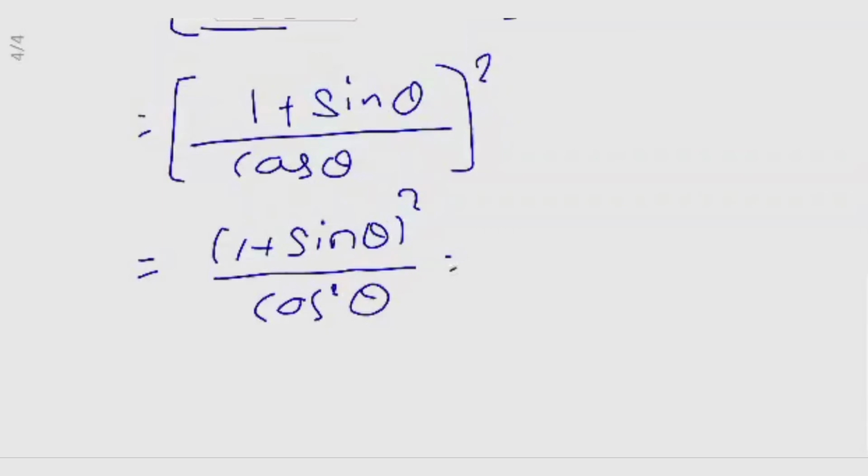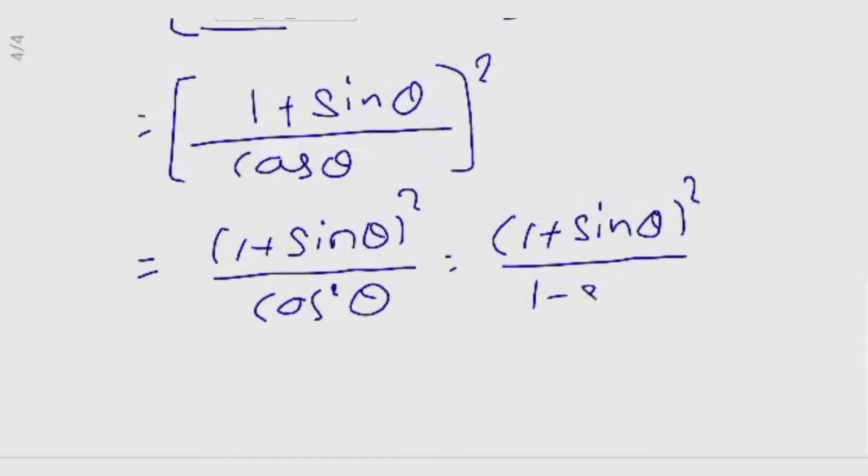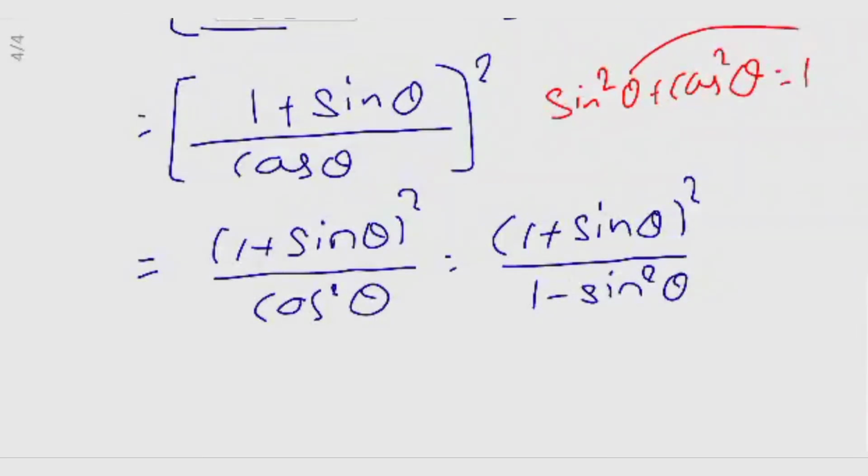So this one we can write 1 plus sin theta whole square as it is, this divided by cos square theta we can write 1 minus sin square theta. We know the identity sin square theta plus cos square theta is equal to 1. So this sin comes to this side, this becomes a minus. So cos square theta is equal to 1 minus sin square theta.